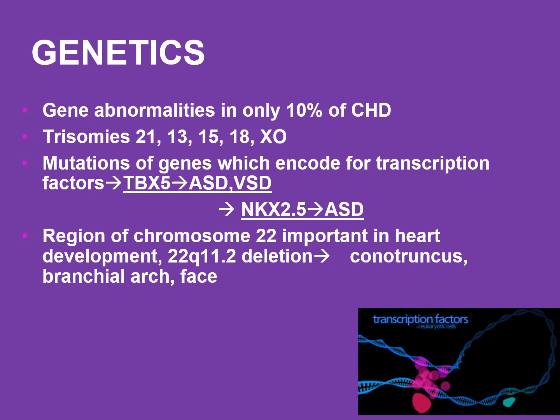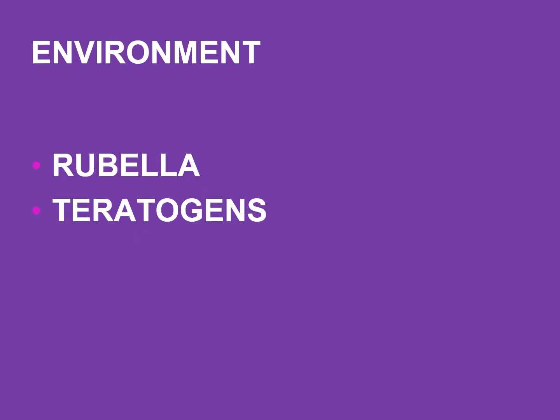Genetic abnormalities are seen in only about 10% of congenital heart diseases and are common in trisomies 21, 13, 15, 18. Also, environmental factors should be considered, like exposure to rubella and other teratogens.